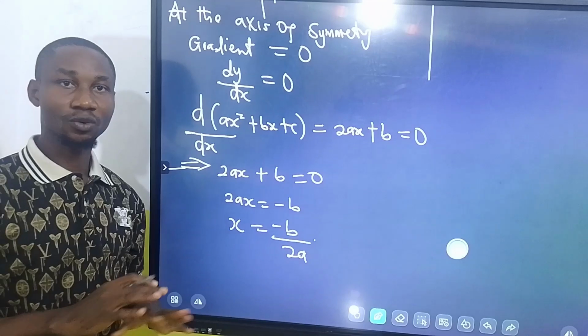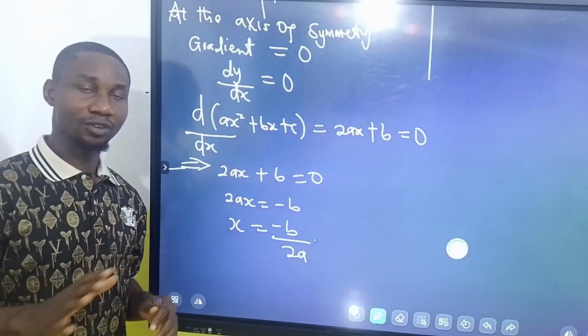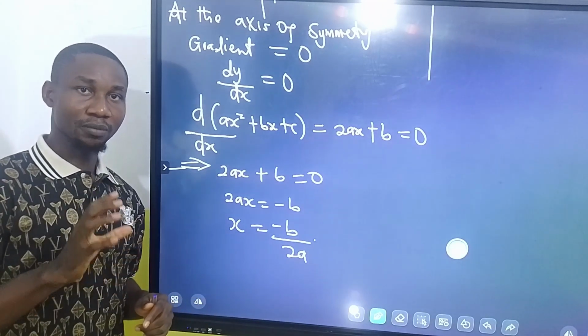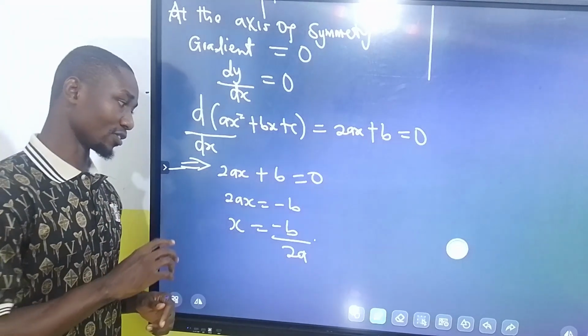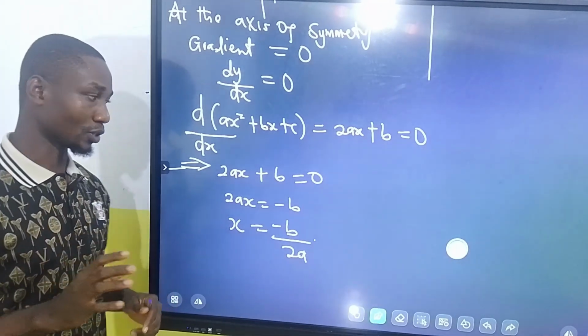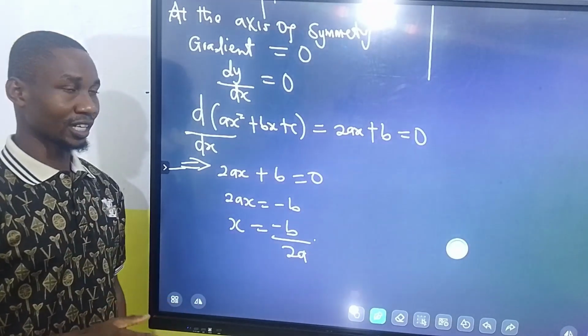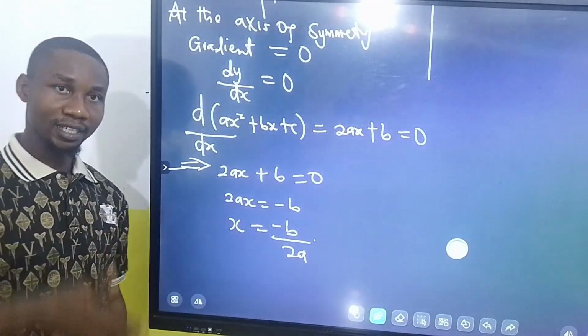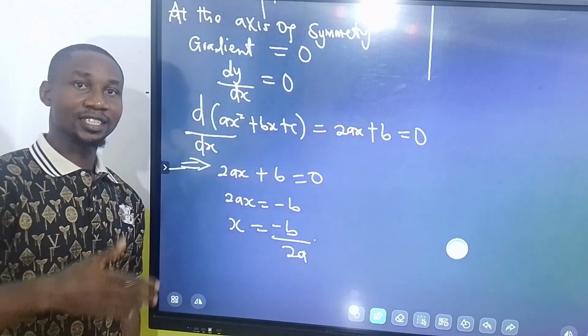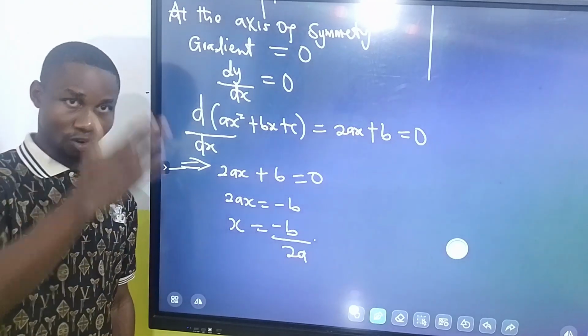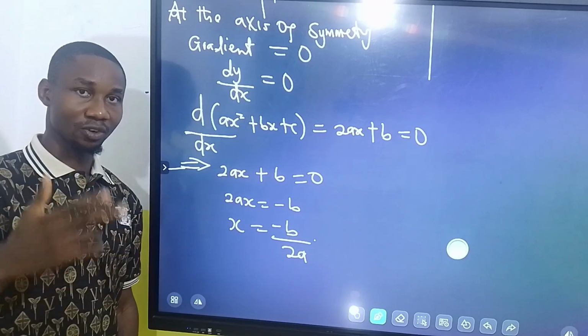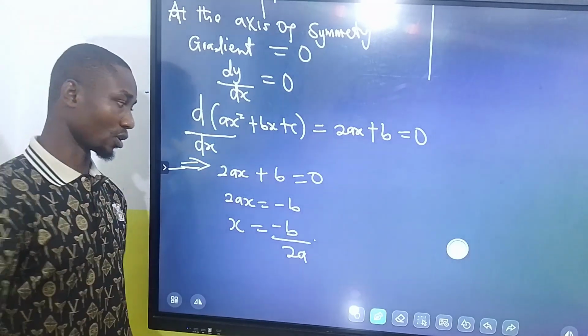Symmetry for any given quadratic function. Once you are asked to find the axis of symmetry, you simply use this formula and you get your axis of symmetry. Your axis of symmetry is simply the vertical line that divides your quadratic curve, your parabola, into two equal parts.